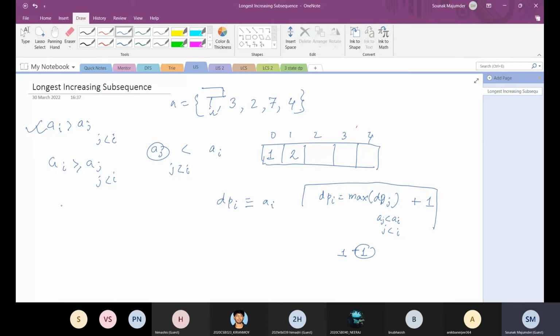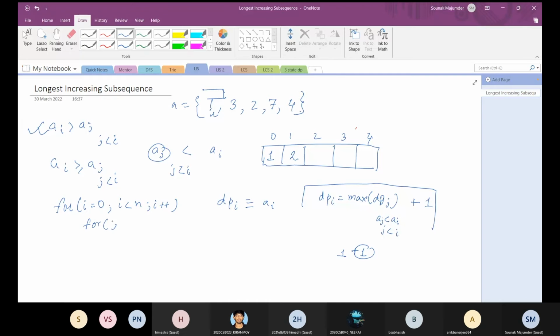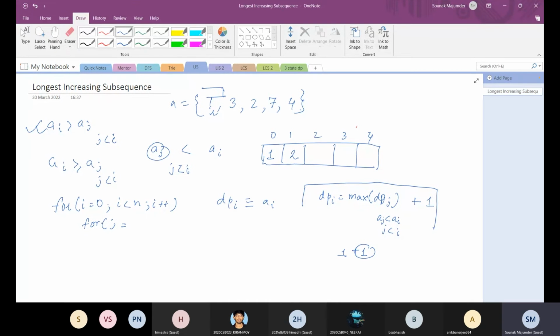For I equals 0, I less than n, I plus plus, and for another thing, let's say I'm storing this max value in a variable, say m, which is initially 0.